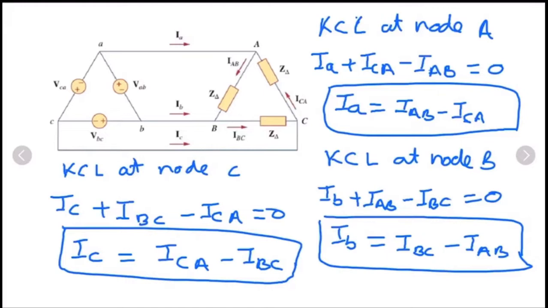By using these three equations we will draw the phasor diagram and try to find the relation between line current and phase current. So our first equation is IA is equal to IAB minus ICA. We will first draw the phasor diagram for phase currents, and after that we will find line currents.